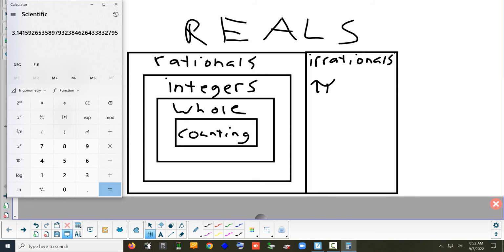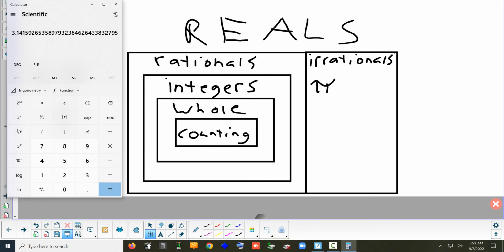I don't think you can machine something that precisely. That's extremely precise. So for everyday purposes, numbers that can't be written as fractions are usually rounded off, and that's how we use them. Pi is one of the best examples. A lot of times we just use 3.14, and we just don't use the rest.